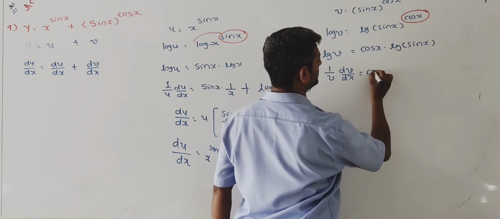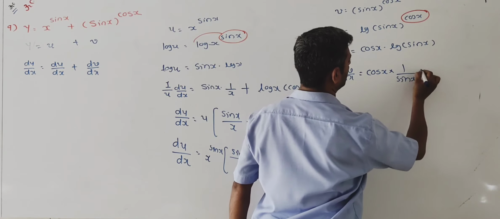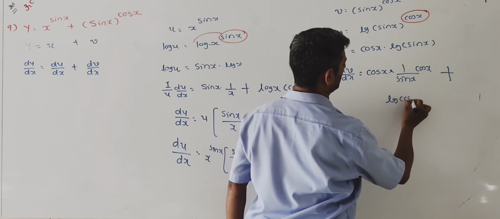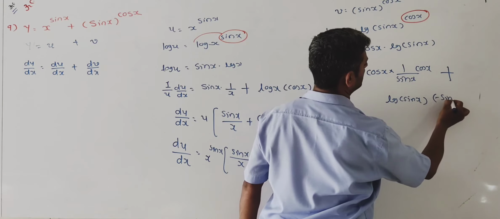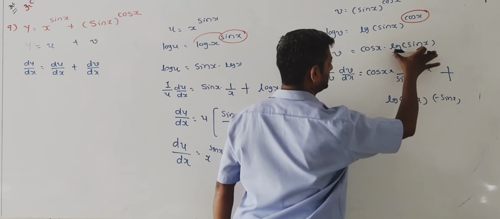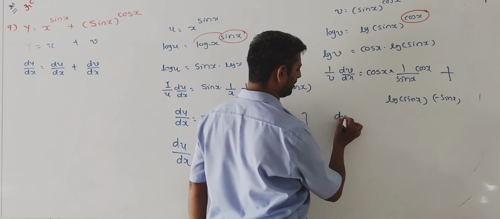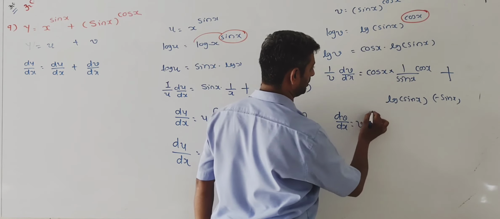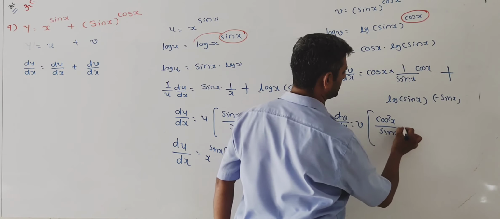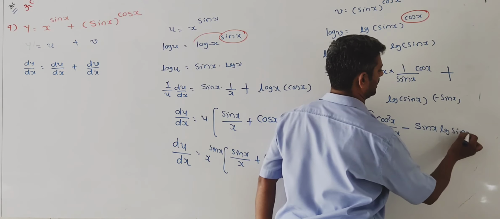Using the multiplication rule, first function as it is, derivative of second, which is 1 upon sin x, and sin x derivative is cos x, plus second function log sin x as it is, derivative of first, cos x, which is minus sin x. So now dv by dx is equal to v into cos square x upon sin x minus sin x log sin x.